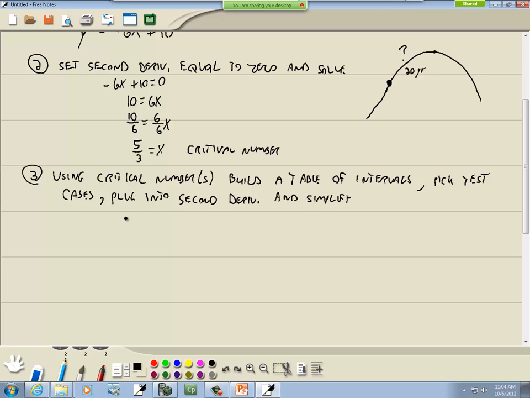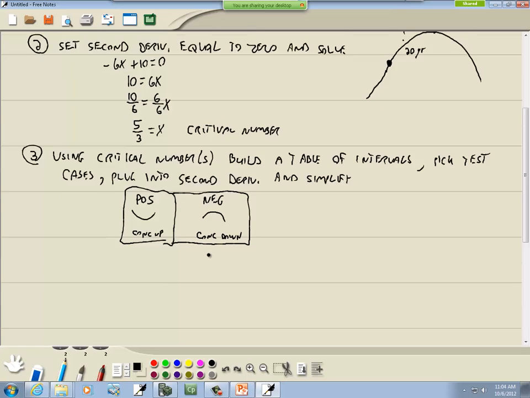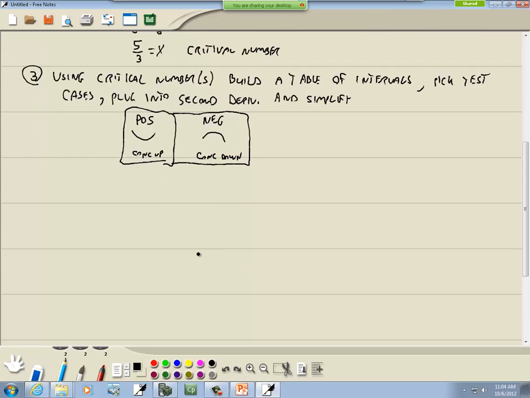Now, if our graph is concave up, then it's going to have a positive value. So concave up. If you come up with a negative number, then your graph will be concave down. Very similar to figuring out where our graph is increasing and decreasing using the first derivative, we do the same thing here. We just look at the sign.